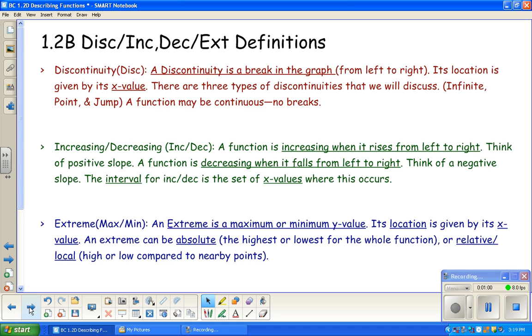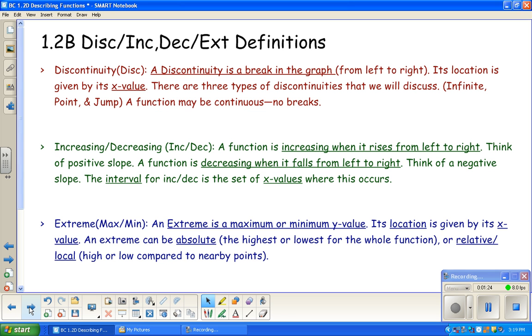So there are three types: infinite, which is an asymptote, or gap from left to right of missing x values. Point, also called removable, or sometimes referred to as a hole in the graph. And jump, where the graph comes along just beautifully and smoothly, and then it decides, boop, it's going to pop up or down. And again, you state the locations for these by giving their x values.